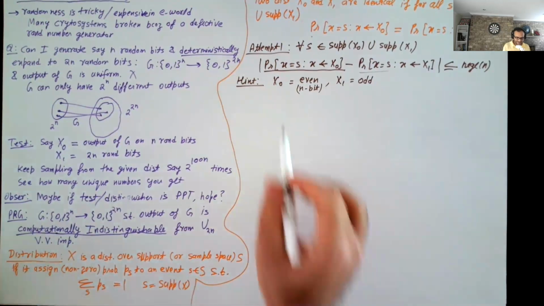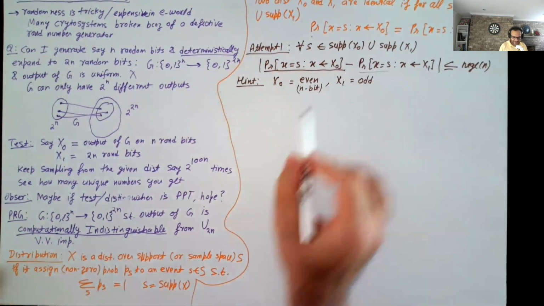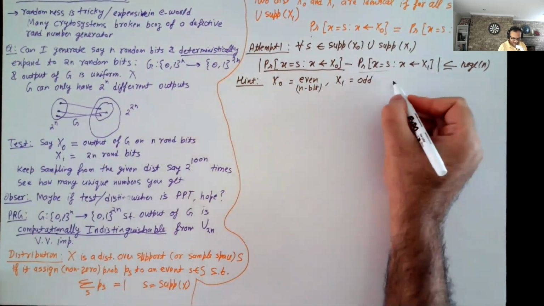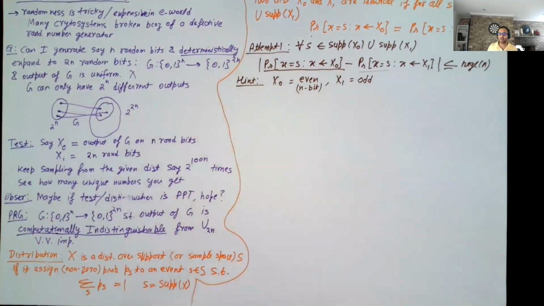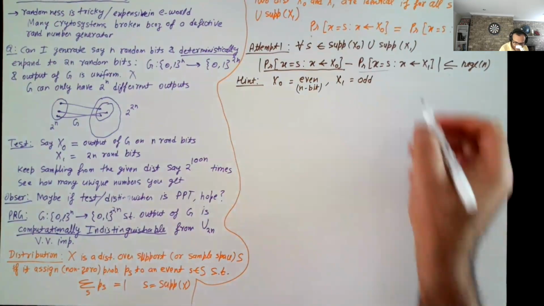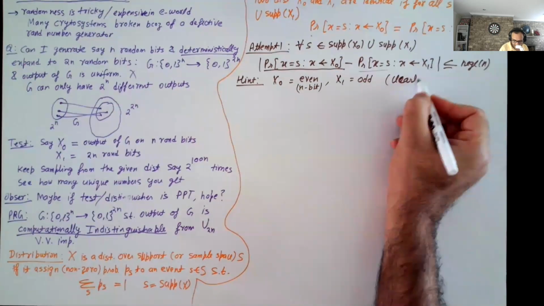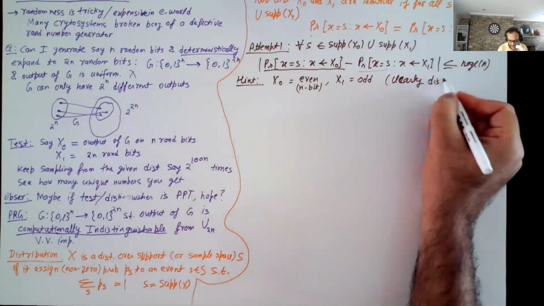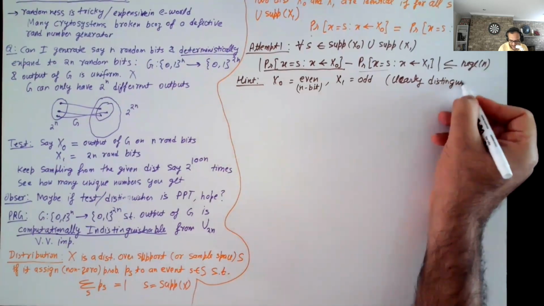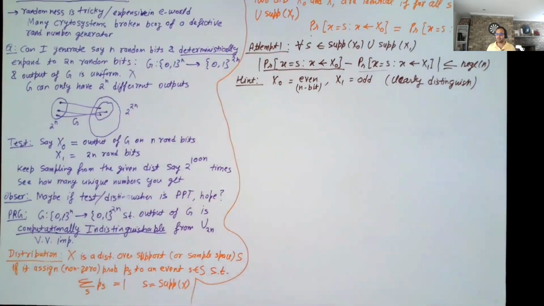So the first observation is that clearly, you give me samples from x0 versus you give me samples from x1, these are clearly distinguishable, right? I can give you a correct answer with probability 1. I can just test if the number is even or odd.